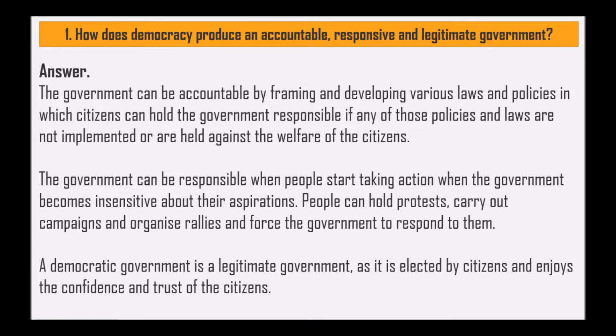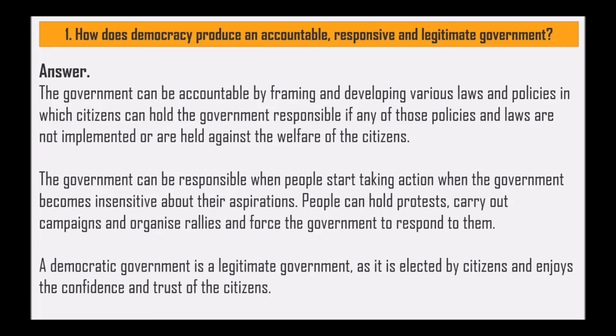The government can be accountable by framing and developing various laws and policies in which citizens can hold the government responsible if any of those policies and laws are not implemented or are held against the welfare of the citizens. The government can be made responsive when people start taking action when the government becomes insensitive about their aspirations.